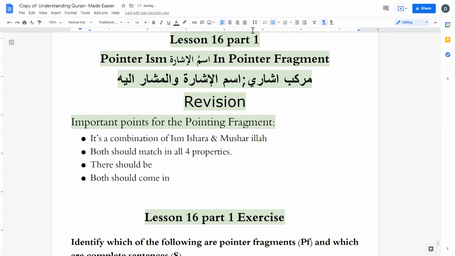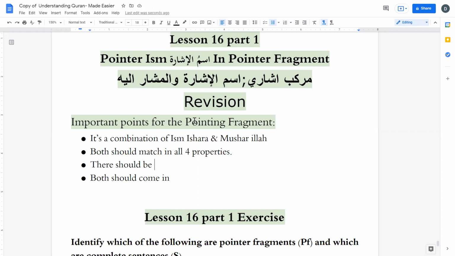And the third point is, what's the condition for mushar ilah? Mushar ilah, the ism that is being pointed.